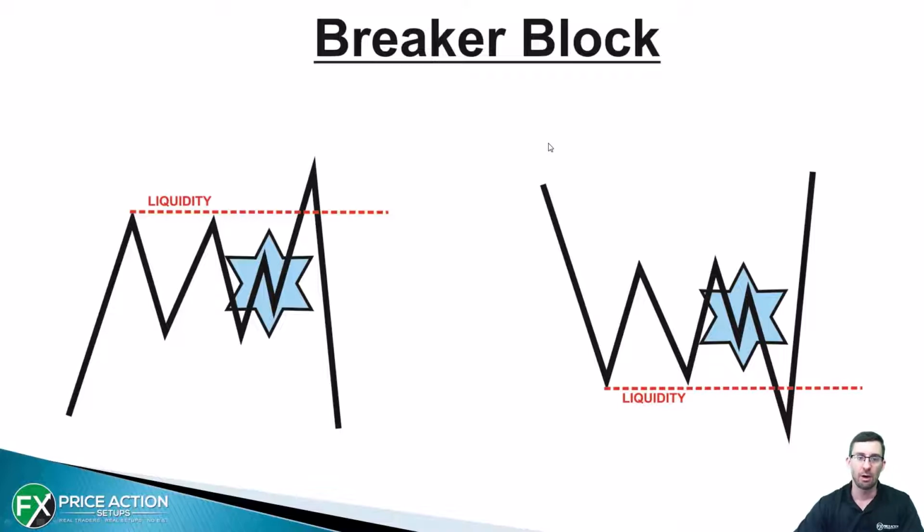Now, we've already discussed the concept of liquidity, and what the market often does before it reverses is we've taught you that it reaches for this liquidity, picks up the orders, and gets the fuel for the next move.